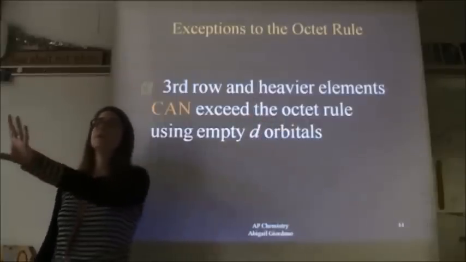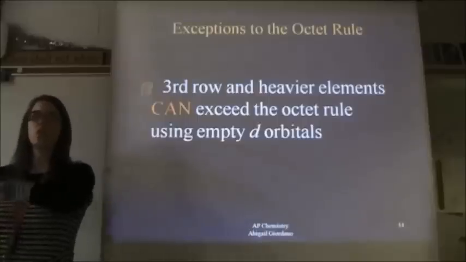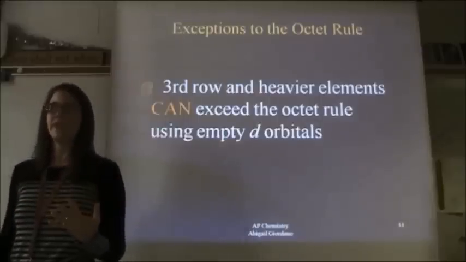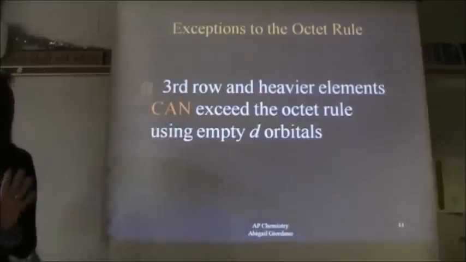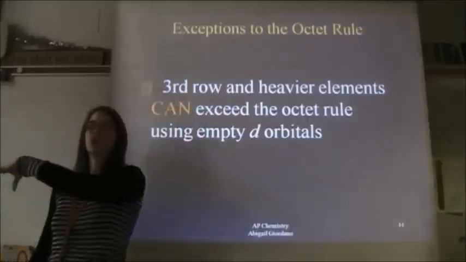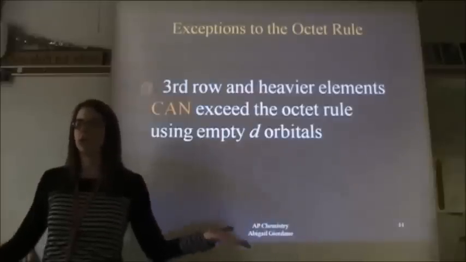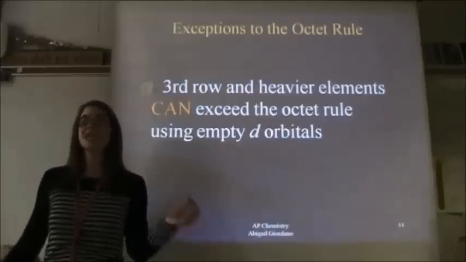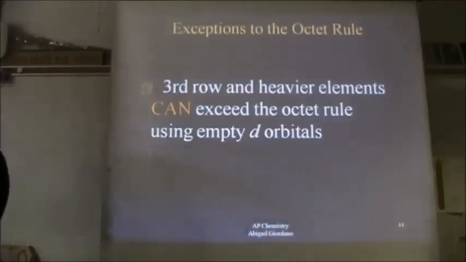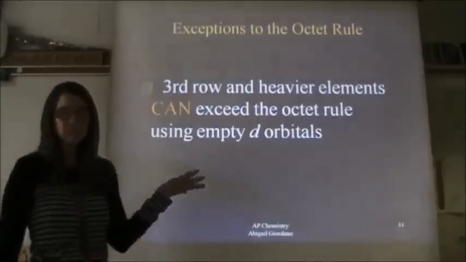Now think about it. Where the d sublevel is on your periodic table, what's the first row of d? Is it 1d, 2d, 3d, 4d? 3d. So elements on the 3rd energy level, like phosphorus, sulfur, chlorine, are the first nonmetals that have d available.